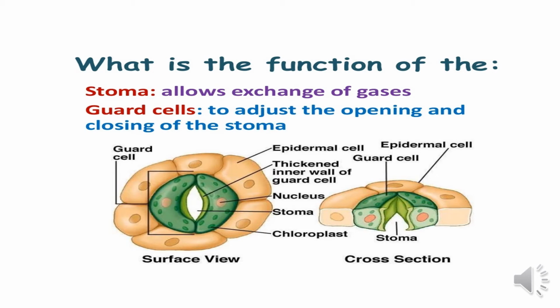And what are the guard cells? Guard cells are structures in the stomata, and their function is to adjust the opening and closing of the stomata. In the diagram you can see these green structures, which are kidney shaped or bean shaped, and they are called the guard cells. Above the guard cells there are some subsidiary cells, or helping cells, which you can also call epidermal cells.